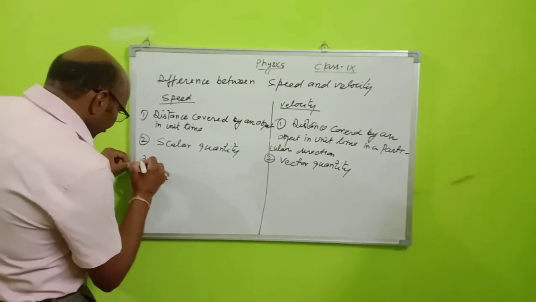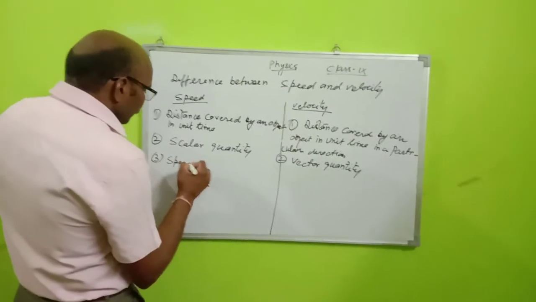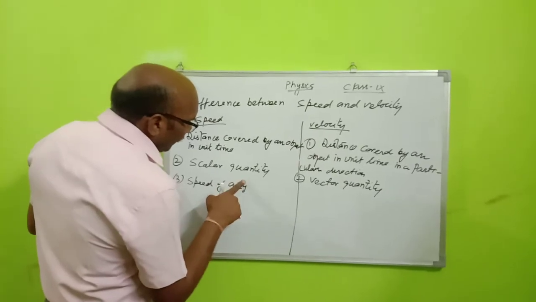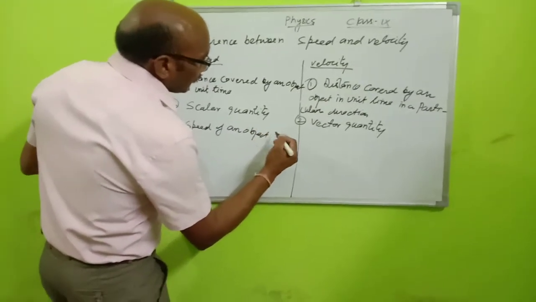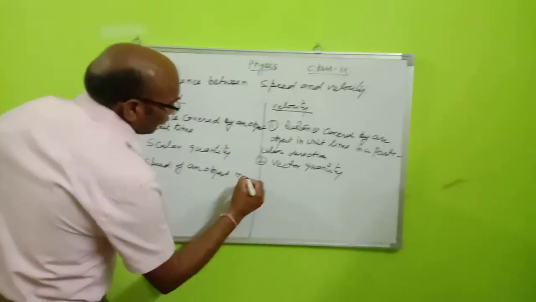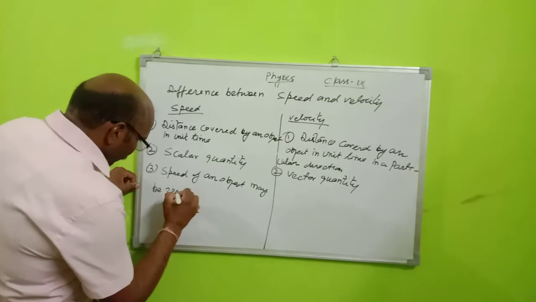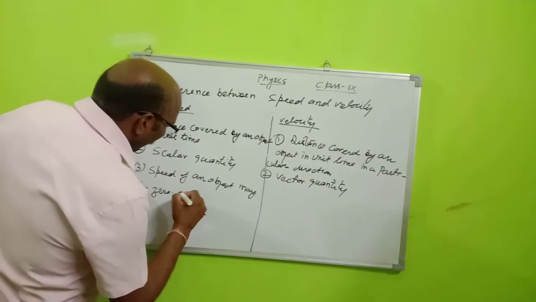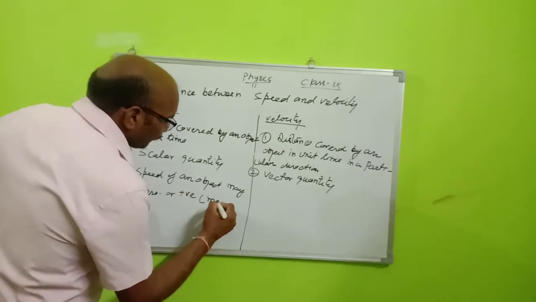Number 3: the speed of an object may be 0 or positive, that is more than 0.